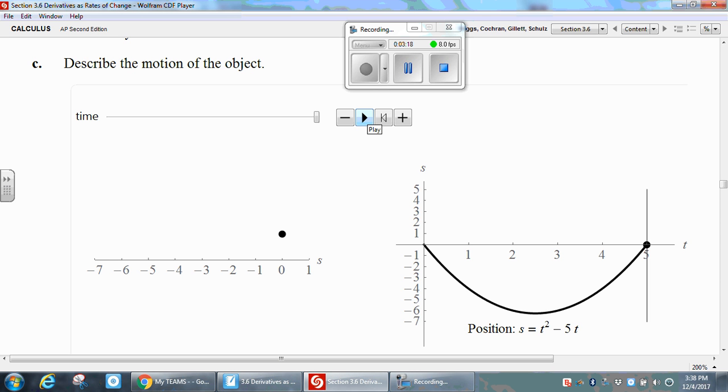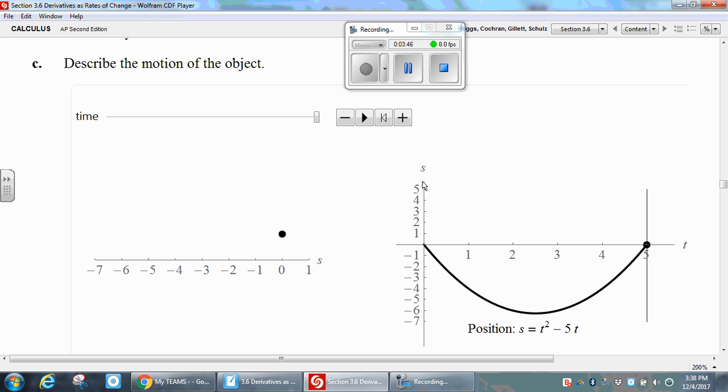All right, I'm going to play it again, but I want you to notice something. Just like before, when Maxwell told me it's going back to the station, it went back to the x-axis, so the position was 0. That's the same thing that is happening here, right? This is s, this is the position, so the position is 0.